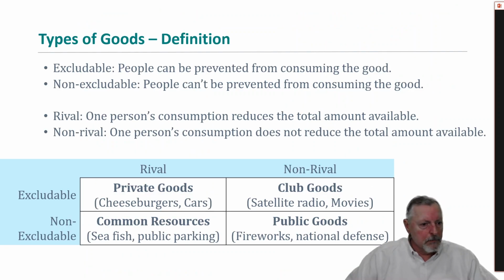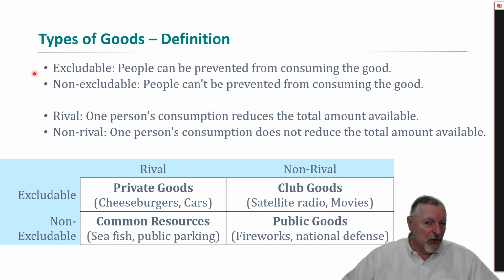Okay. Now, there are two qualities of goods that we need to look at. You probably remember these from your principles course. One is whether the good is excludable or not. The other, whether it's rival or not. Excludable means you can prevent someone from consuming it.